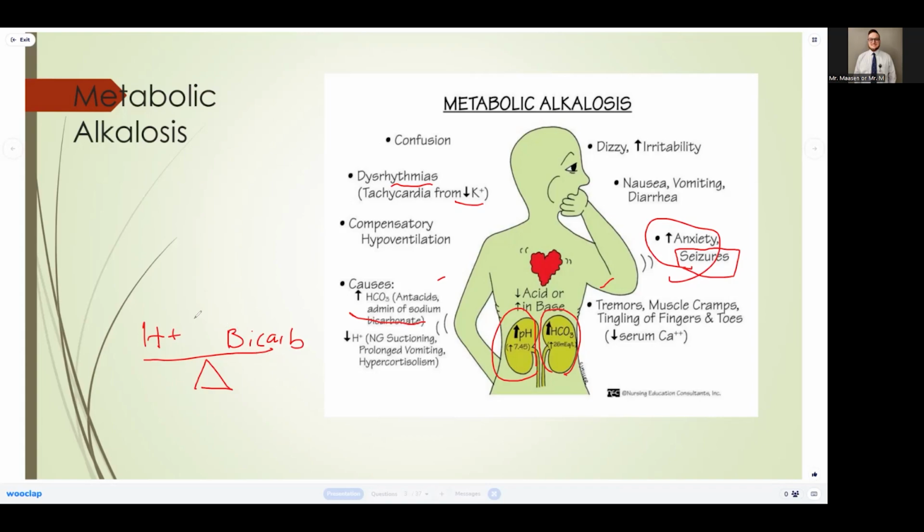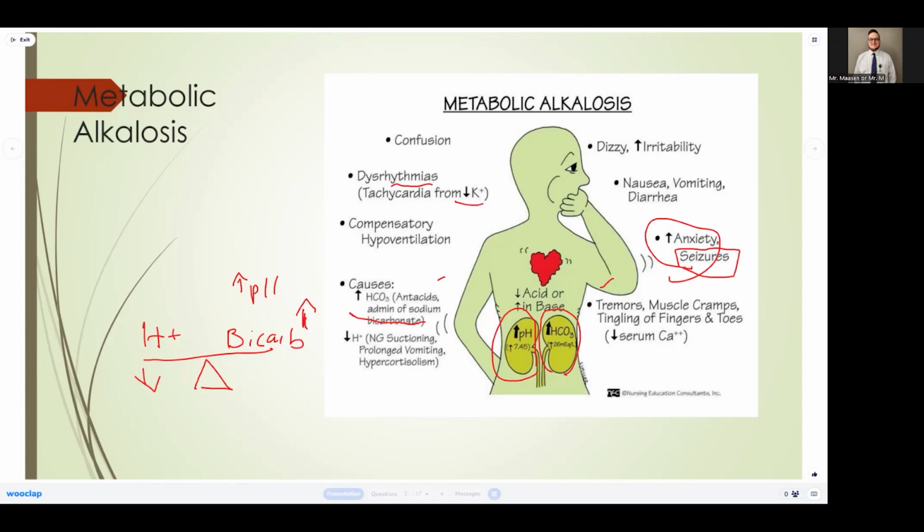But let's use that example. If I had too many Tums, that's going to increase the bicarb level. This shifts the scale where bicarb is winning, so there's more bicarb compared to hydrogen, and pH would start climbing. Now we are in metabolic alkalosis.